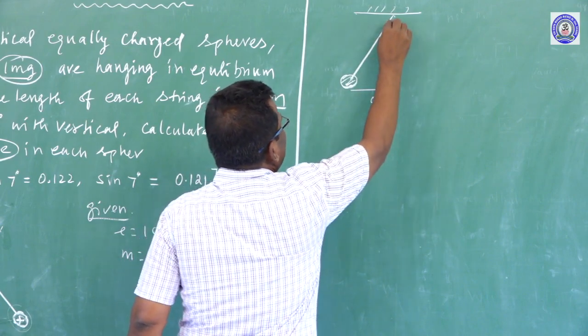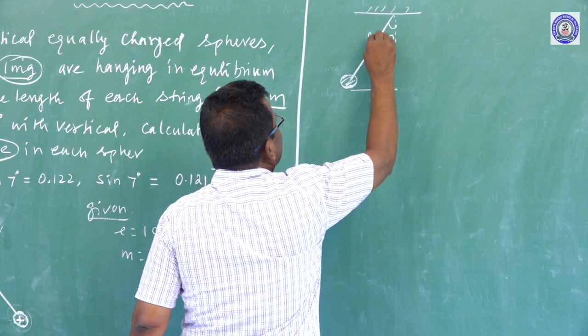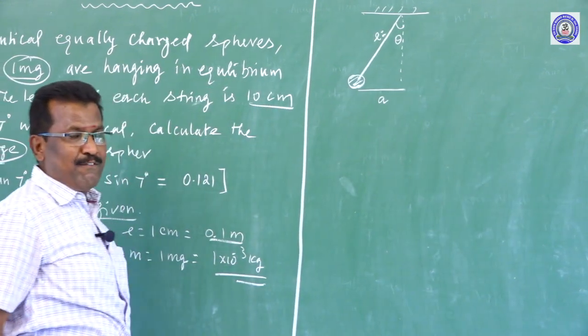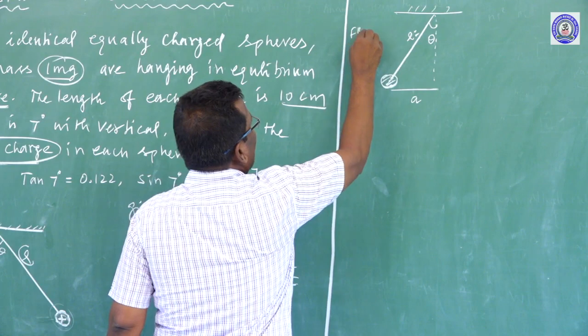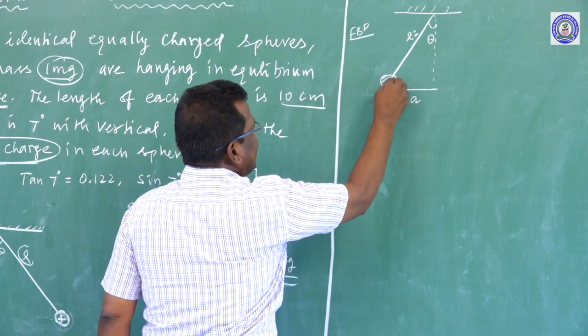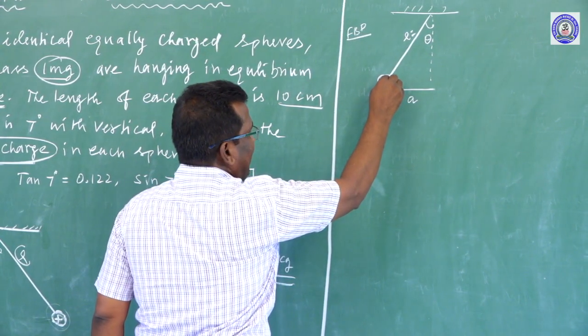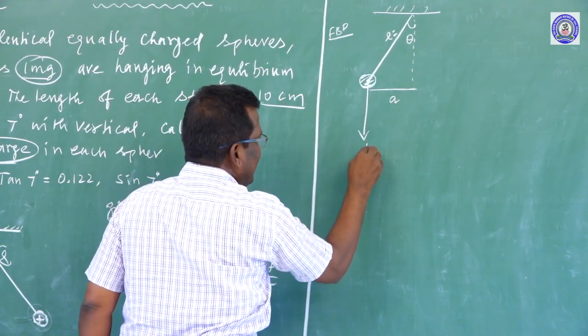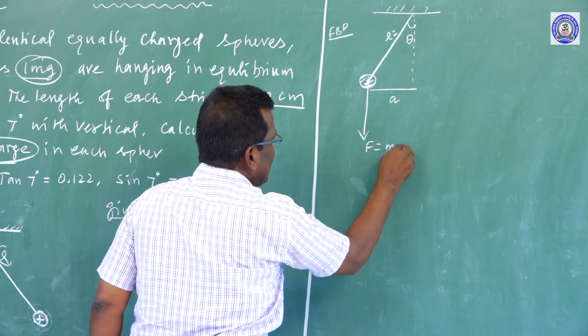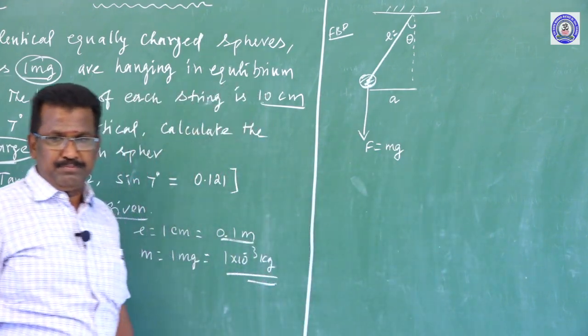It makes an angle theta, and the string length is L. Draw the free body diagram, FBD. This is the mass, 1 milligram, and one of the forces acts in the downward direction, F is equal to mg, the force due to gravity.